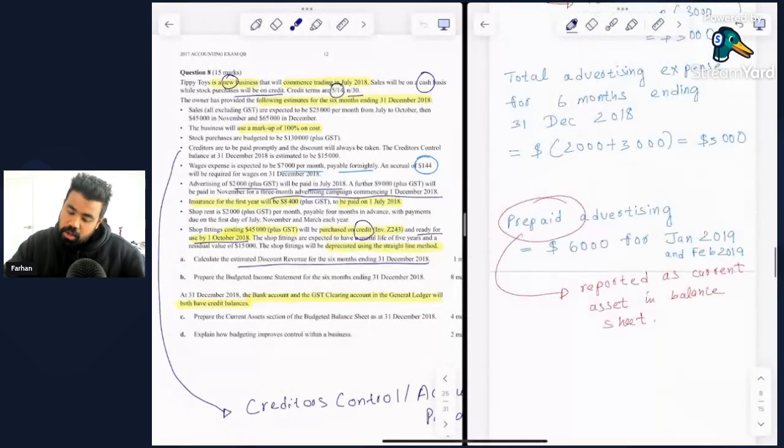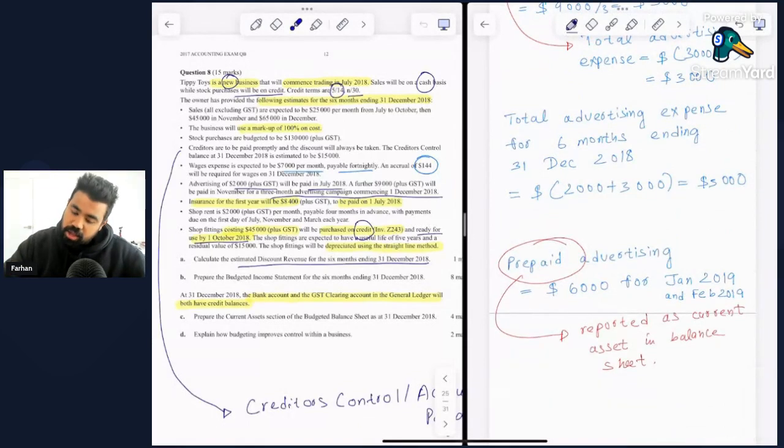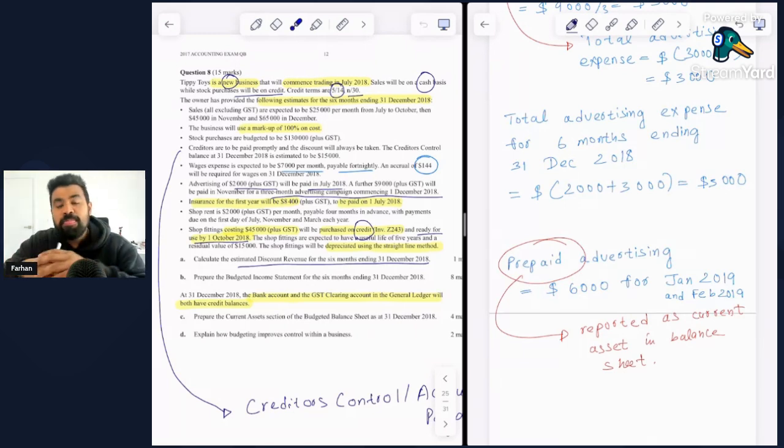Now, I also want to find the prepaid advertising, the economic benefits that are still left to be consumed at 31 December 2018. We understand that the $9,000 that we paid in November was for 3 months, starting 1 December 2018. Given that we are working with a business with a financial period ending 31 December 2018, this means the economic benefits that come with the prepaid advertising for the months of January 2019 and February 2019 have not yet been consumed.